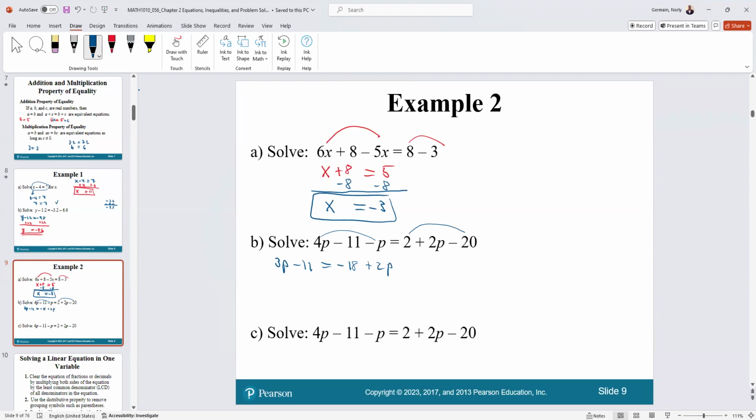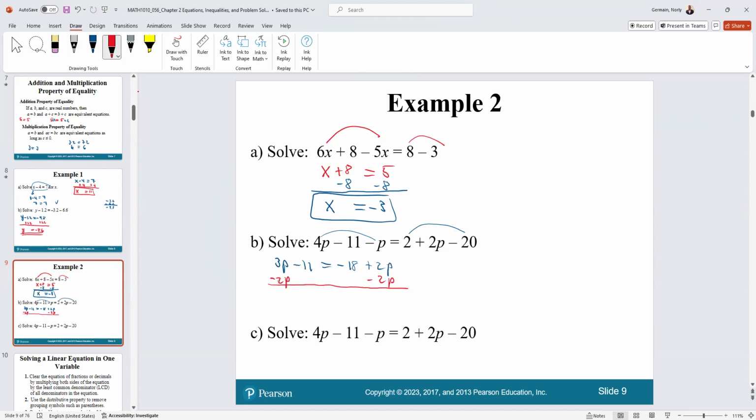Now, we need to bring all the p's to one side and all the constant terms to the other side. So we're going to do it step by step. Let's get rid of the 2p on the right and bring it to the left. Whatever I do on the right, I also do on the left.